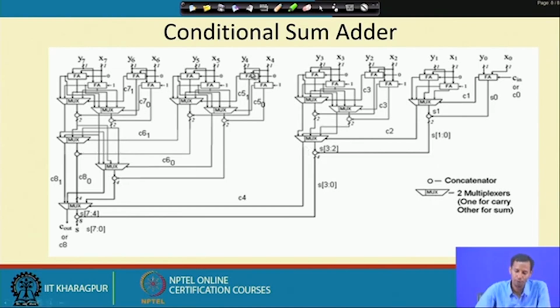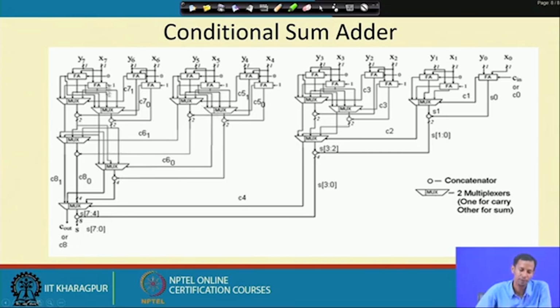So again for y4 and y5, the same logic, the same architecture, will be applicable for y4 and x4, and y5 and x5. I will just copy this architecture here.